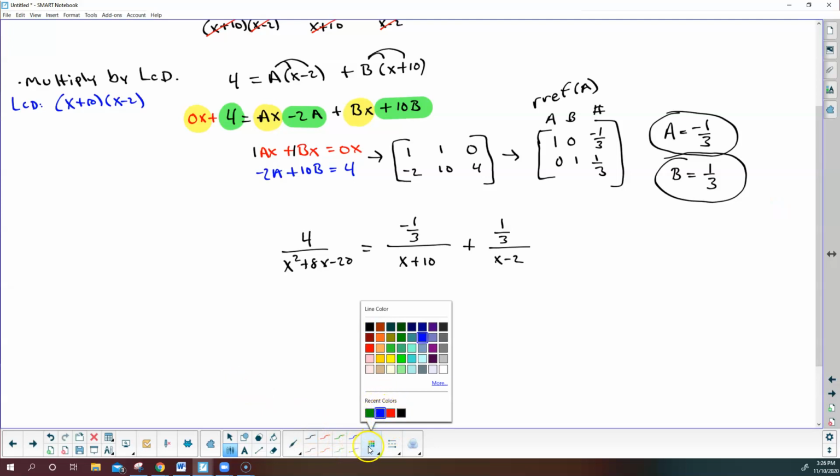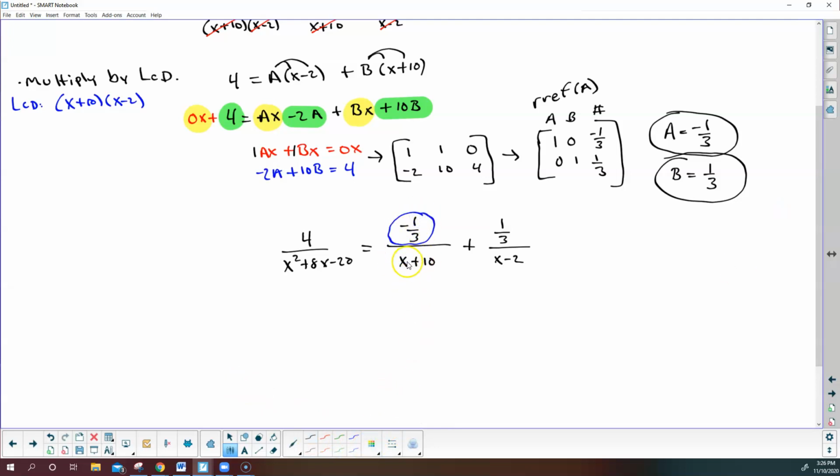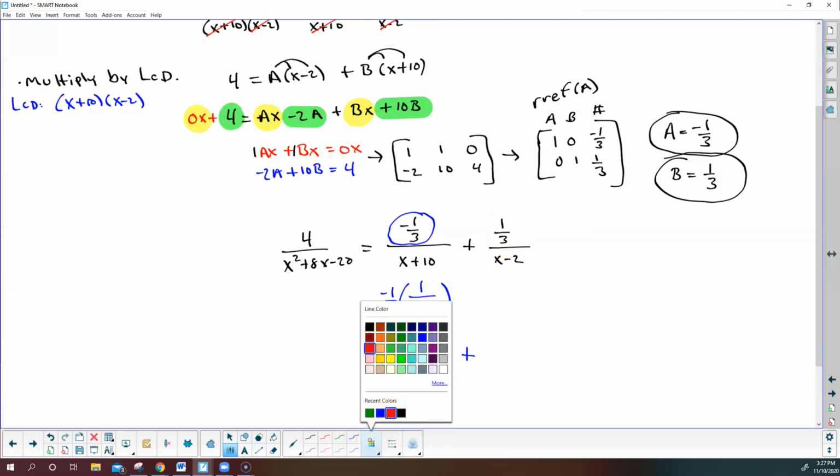So there's a better way to write these problems. And when you are doing Delta Math today, remember when you are dividing by a fraction that this is just the same as doing 1/3 times 1 over x plus 10, which when we multiply fractions, it's multiplying straight across. So you get -1 over 3 times x plus 10. And you could distribute, or you could just leave it like that. And same thing over on this side.